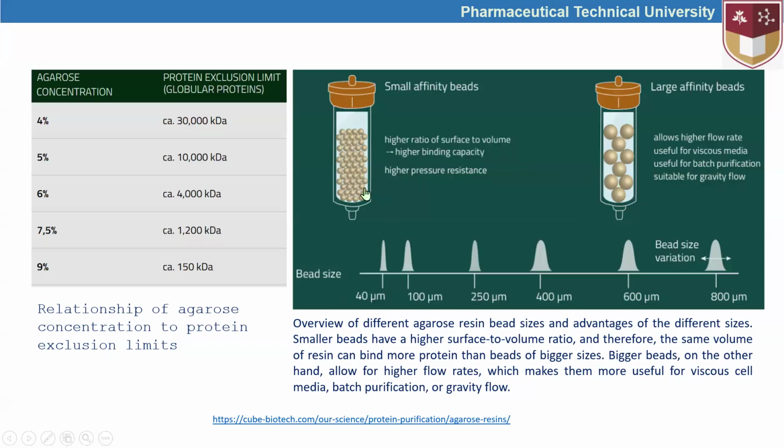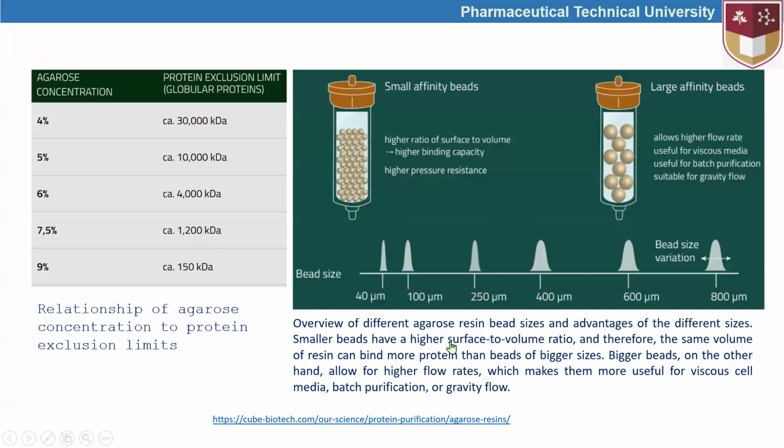So based on the size, we can see different purposes that they can be used for. The higher ratio, the smaller size leads to utilization for effective separation, but the higher size and lower surface is used for batch purification.